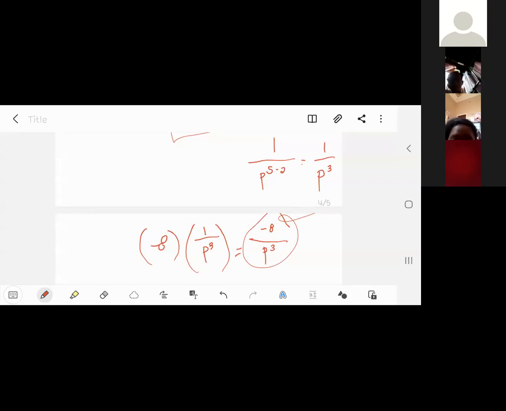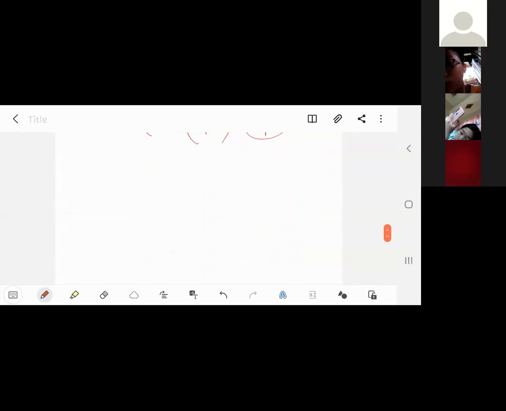Now, we are going to learn the quotient with a monomial divisor. Quotient or dividing a polynomial with a monomial divisor.